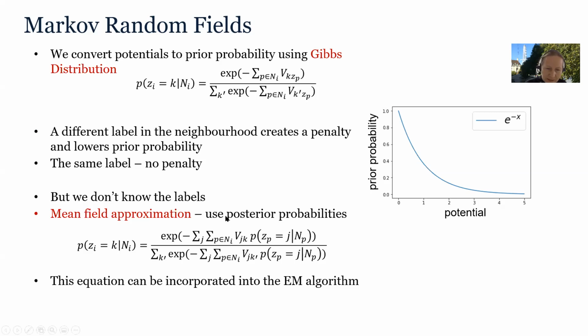In this case, we will sum up the potentials not only through the neighboring voxels, but also through all the classes, and we will multiply them by the posterior probabilities for that class. This gives us a tractable solution to the Markov random fields formulation, and it can be incorporated as a special step in the EM algorithm. At each iteration, we will recalculate the prior as well.